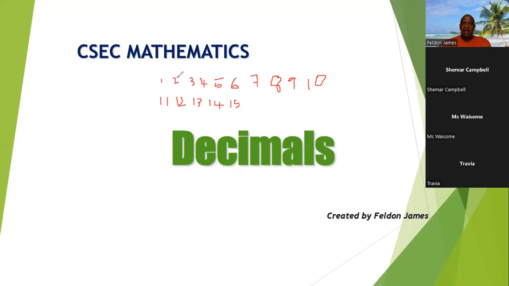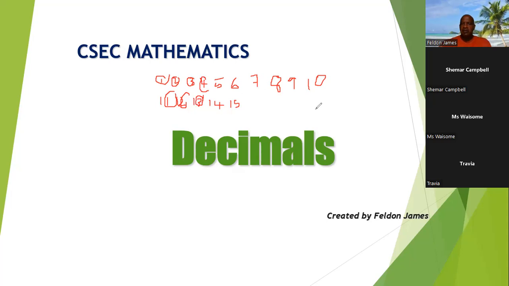But what you notice is that you start repeating the numbers. So 1 now starts to repeat again. So you have 1, and then 2, and then 3, and then 4, and so on.